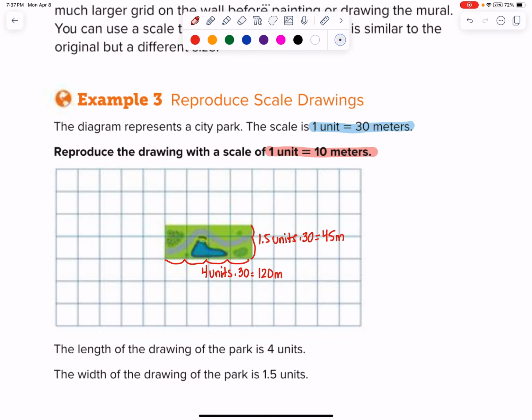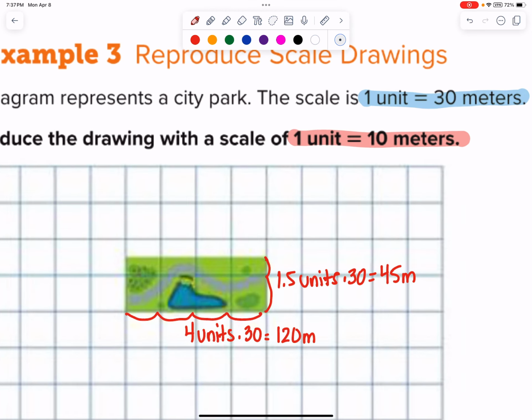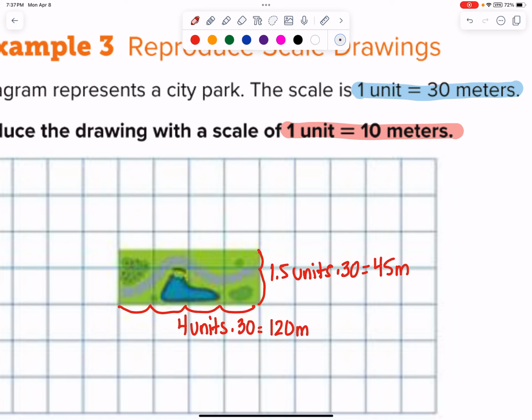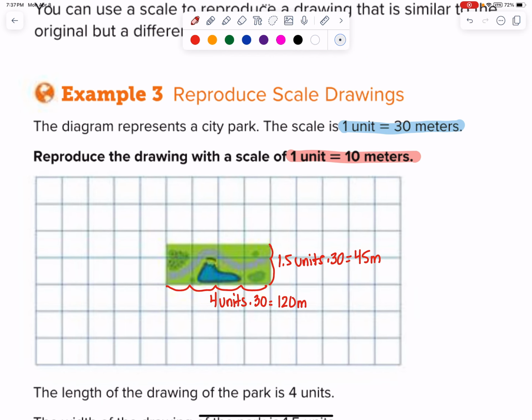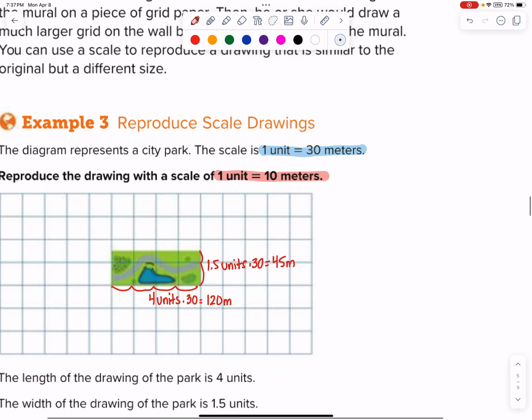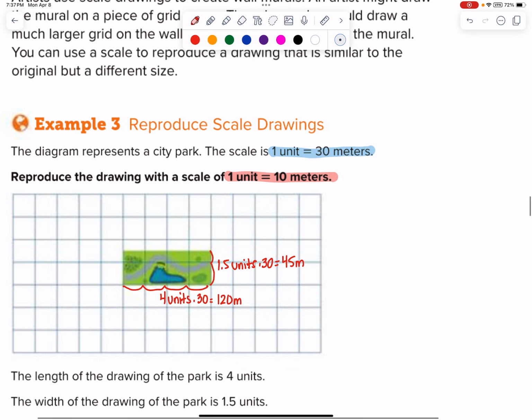Okay, so there's our information of our current drawing. We want to change this now so that it fits our new scale. So we want to change it so that 1 unit is 10 meters instead. Let's see what you would do to get from 10 meters to 30 meters.